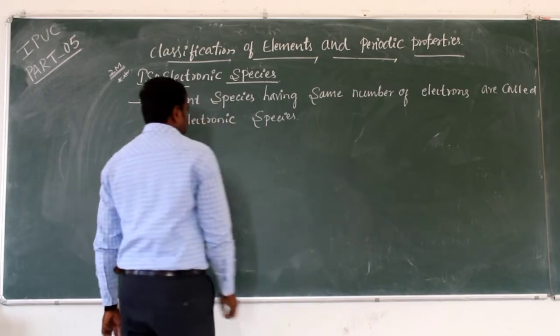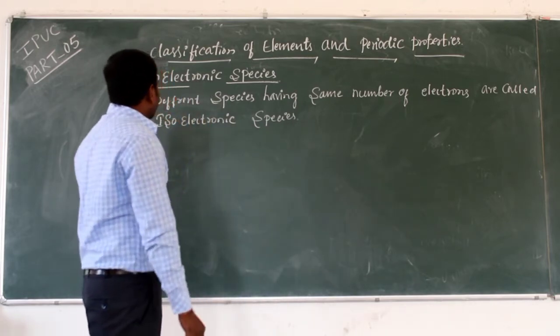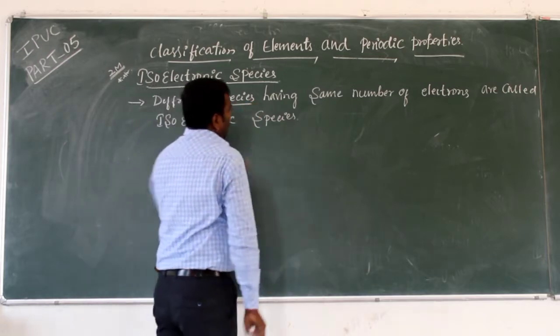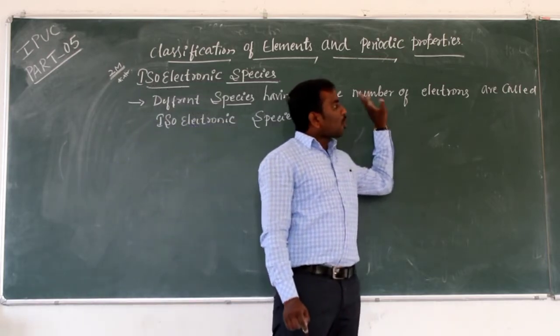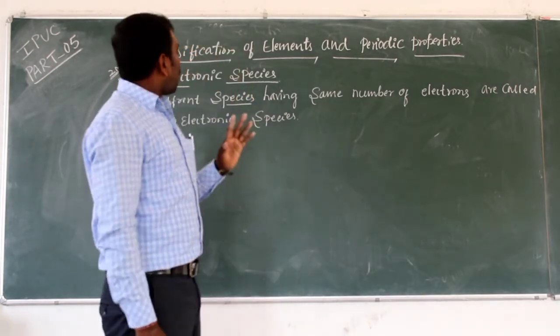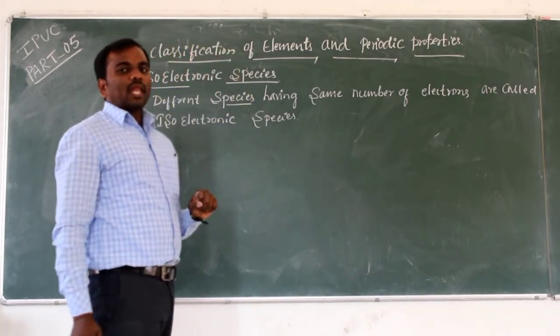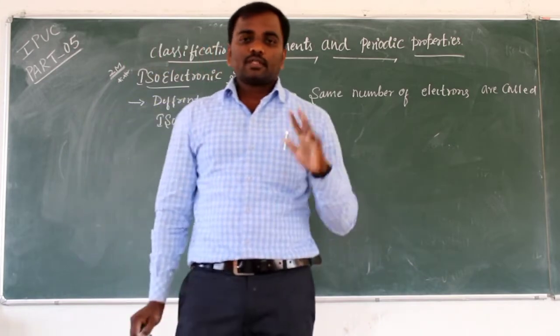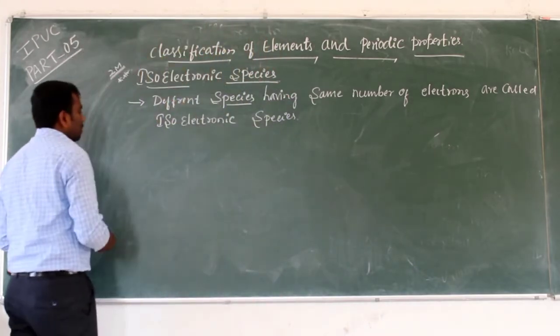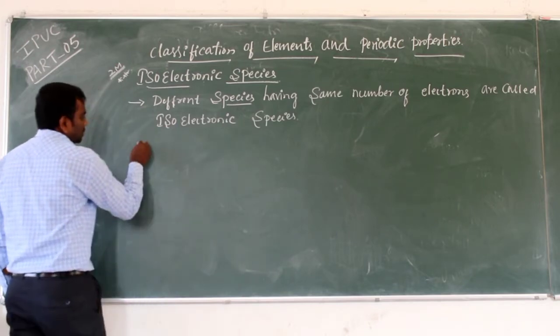Is it clear? The different species having the same number of electrons are called isoelectronic species.